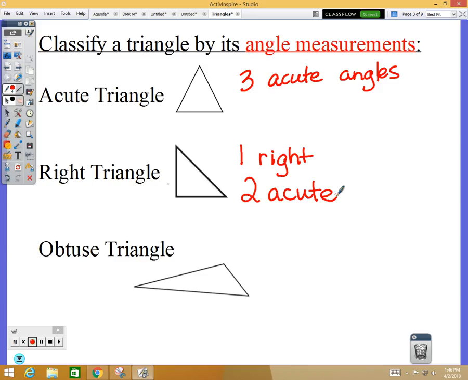And then obtuse triangles, what could we say for that one? 1 obtuse and 2 acute. So all triangles have at least 2 acute angles. And it's that 3rd angle that's either going to be acute, right, or obtuse. Okay? And that would be classifying it by its angle measurements.